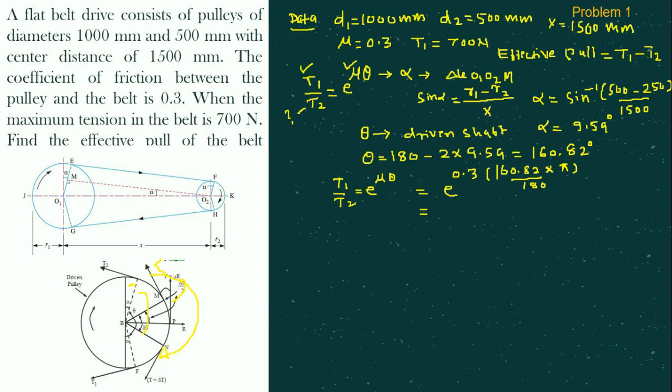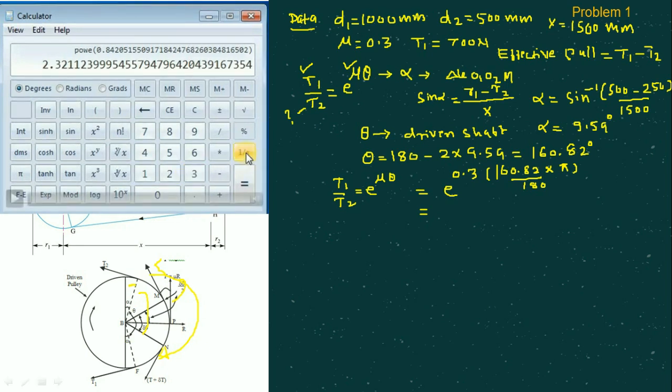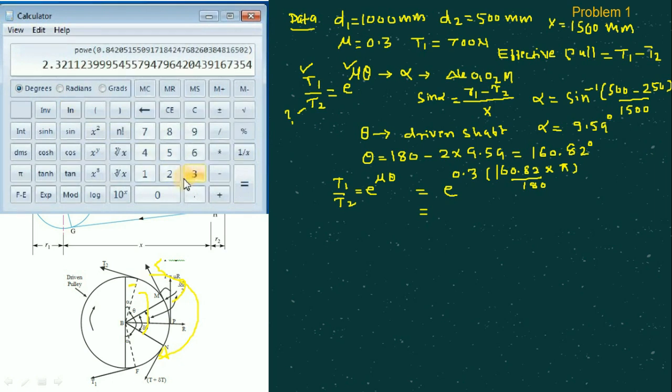So let's calculate this: 160.82 into pi divided by 180, times 0.3, that is mu, equal to. Now take e raised to x. The value comes out to be 2.321.